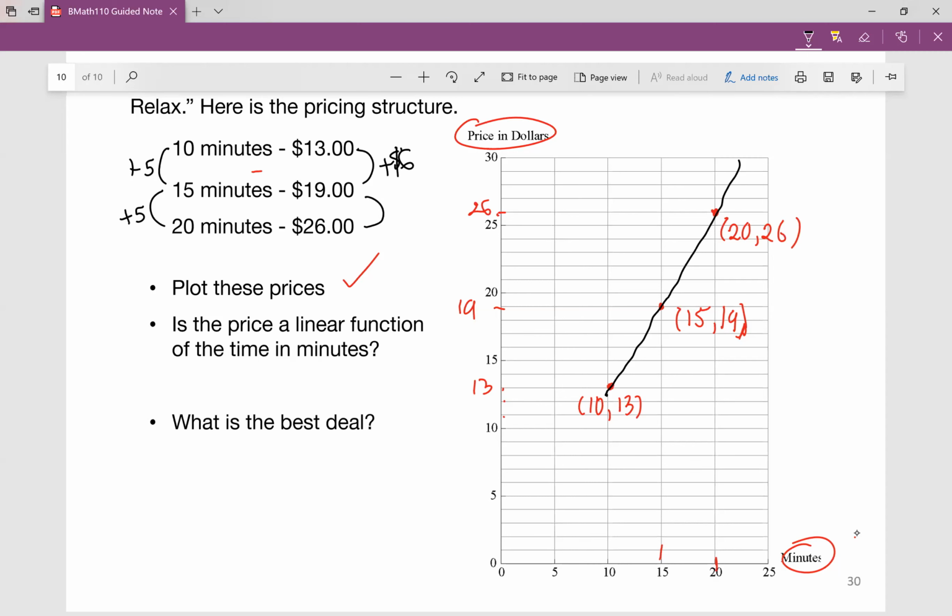And this one is an increase of $7. So what happened? This is actually not linear because the price does not increase by a fixed amount, right? So I will say this is not a linear function.